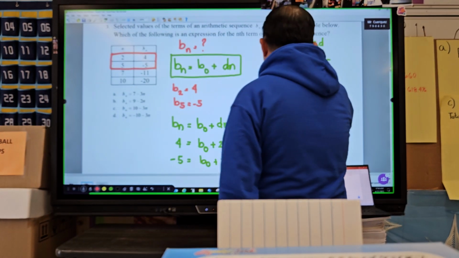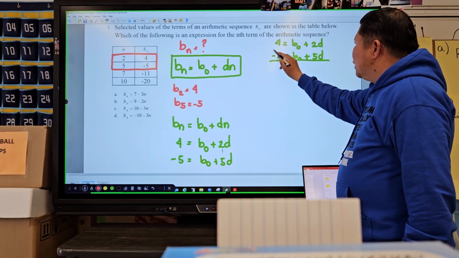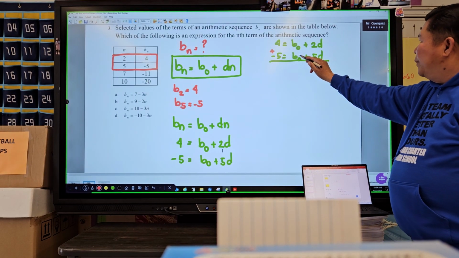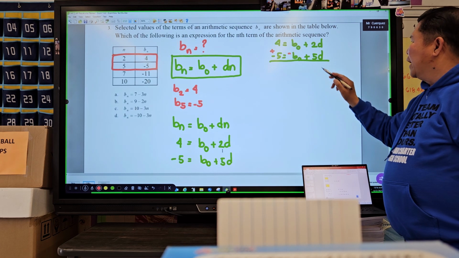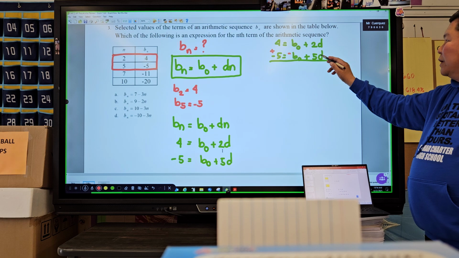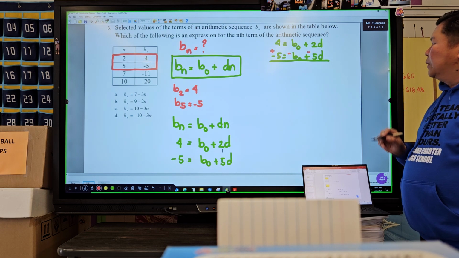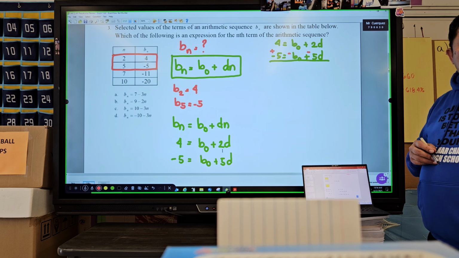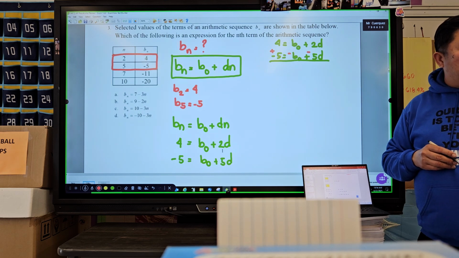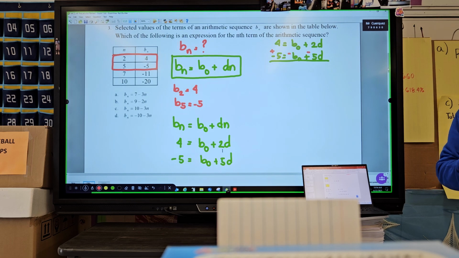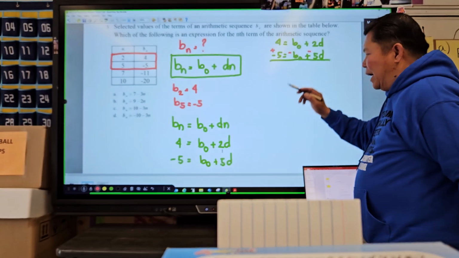From negative, this turns to positive. And from positive, this turns to negative. And right here, from positive, this again turns to negative. What cancels out here on the right side? The b, right? Positive and negative. So we can cancel out b.